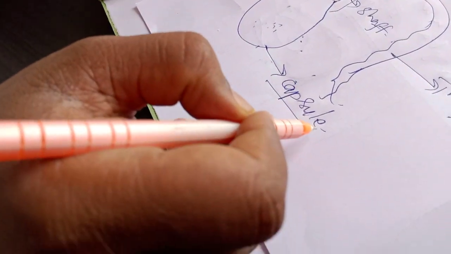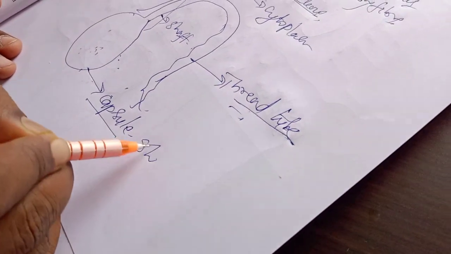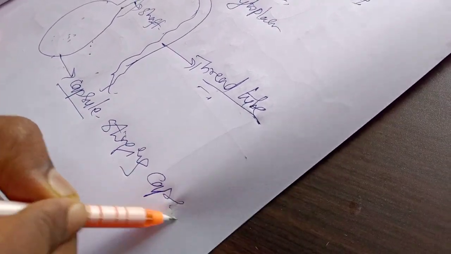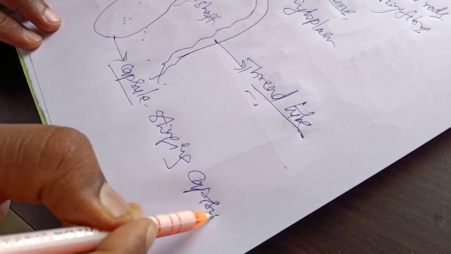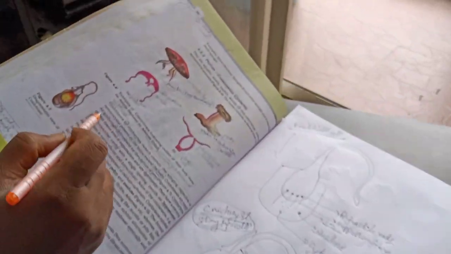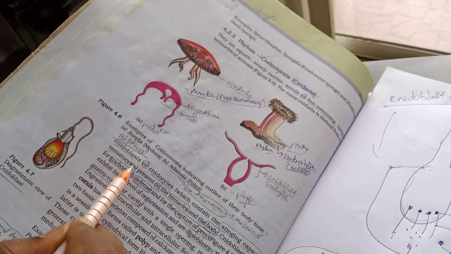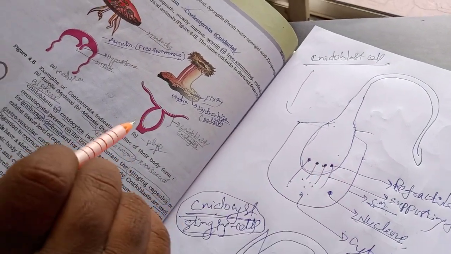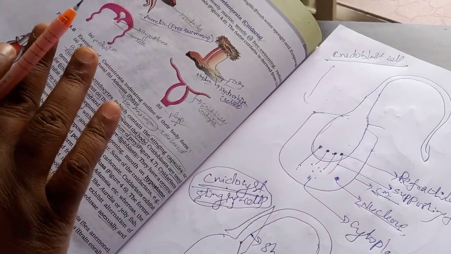This capsule is called the stinging capsule. Another name for the stinging capsule is nematocyst. Nematocyst or nidocyst, don't confuse this.